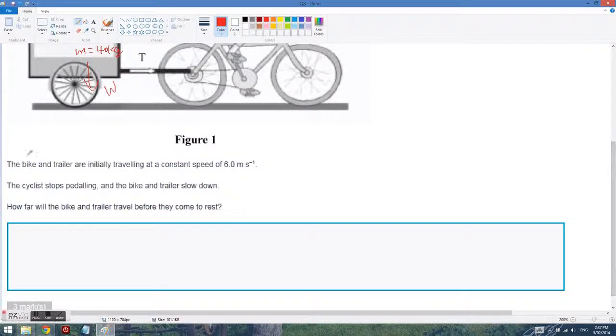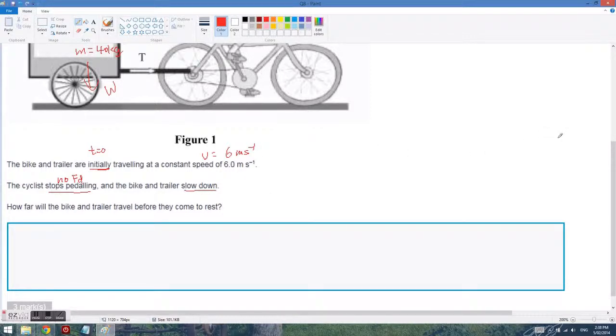The bike travels initially, at t equal to 0, at a speed of 6 meters per second. The cyclist stopped pedaling, so there's no driving force, no FD. How far will the bike travel?